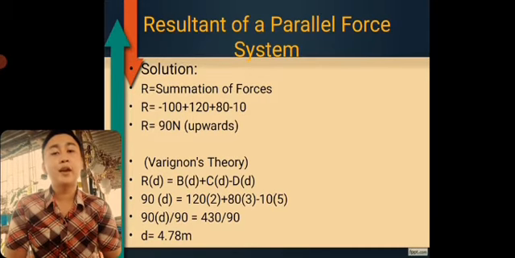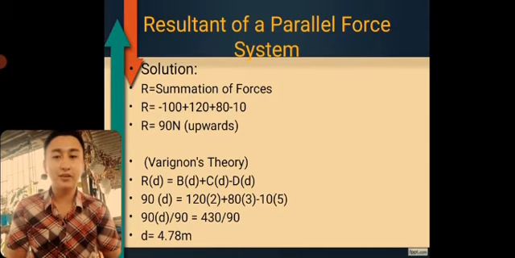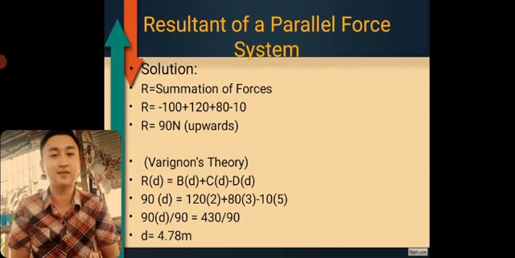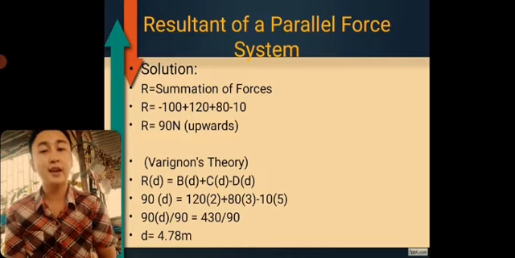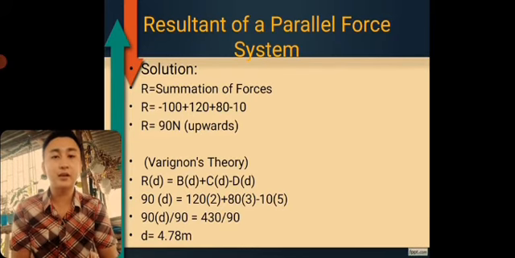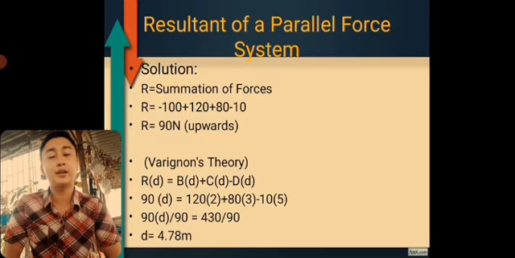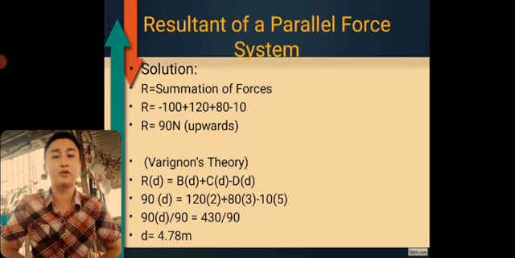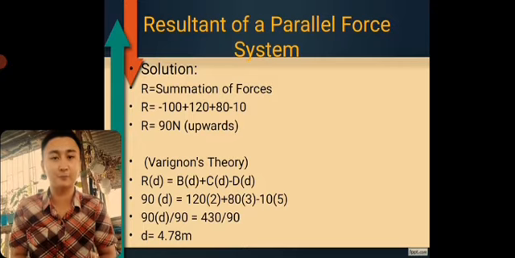Resultant is equal to negative 100 because point A was applied downwards, so it is negative, and vice versa. Negative 100 plus 120 plus 80 minus 10. To calculate that, we have found that the resultant is equal to 90 Newton, and the direction of it is upwards because 90 Newton is positive.